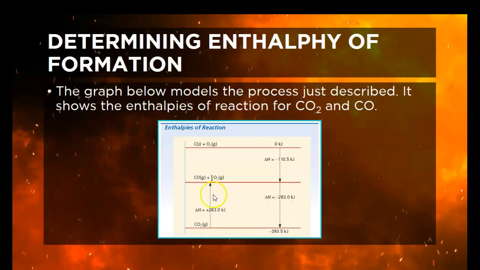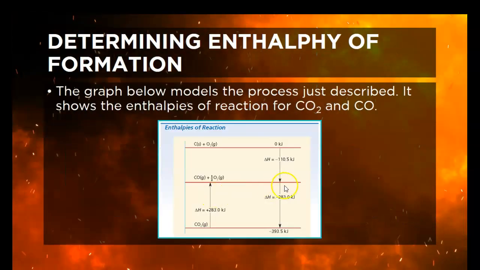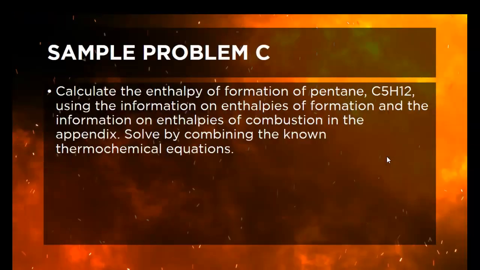The one where CO and a half O2 are on the left, which would be this one, we flipped around and made CO2 the reactant and CO and 1/2 O2 the products, so then it came back up essentially. So we ended up with that final delta H of negative 110.5 kilojoules at this level here. So that's what it would look like graphically.